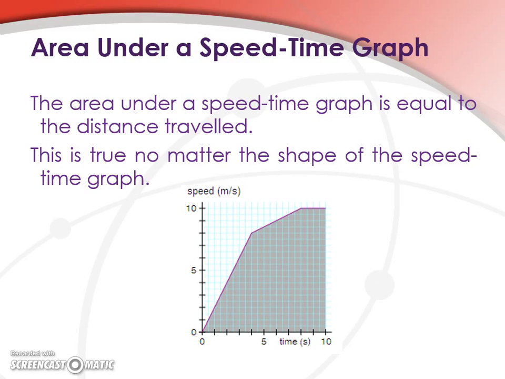And it doesn't matter what the shape is. So it can be a convenient rectangle if that's the situation we've got. But if we have an object like this one that's changing speed as we go, well, that's fine too. The area underneath it is still the distance traveled.